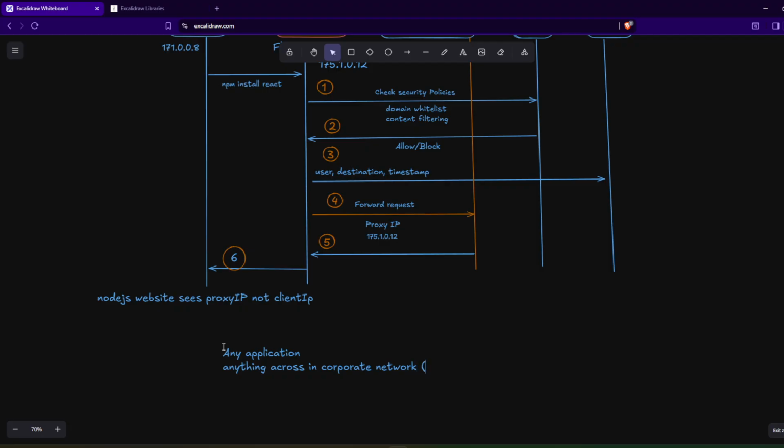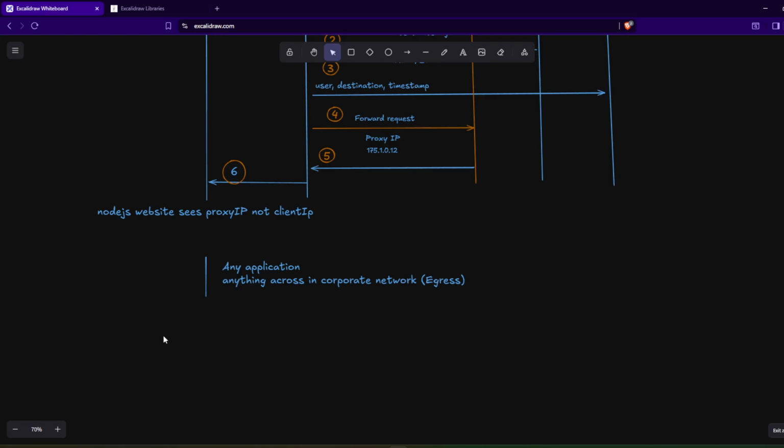Generally, when developers or admins discuss these things, they discuss it as egress control. But at the end of the day, egress control is nothing but a forward proxy itself. So now probably you got the idea of where it is being used.